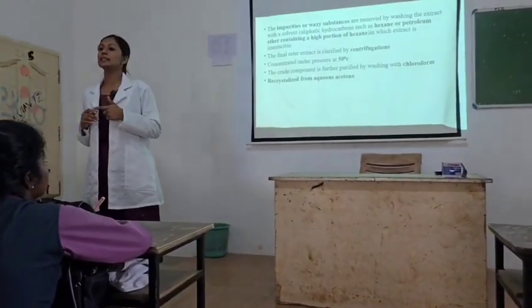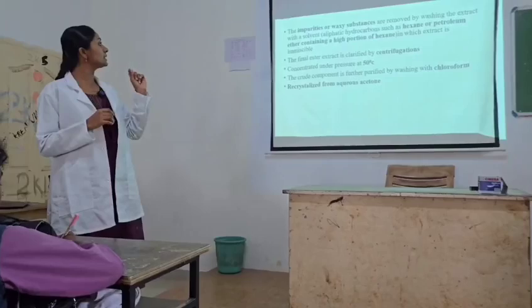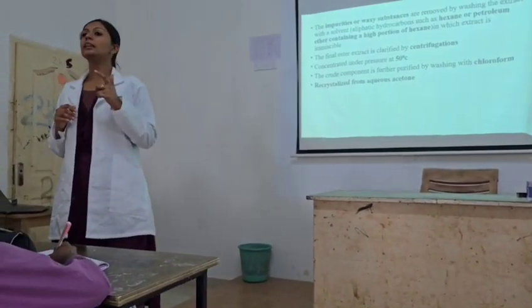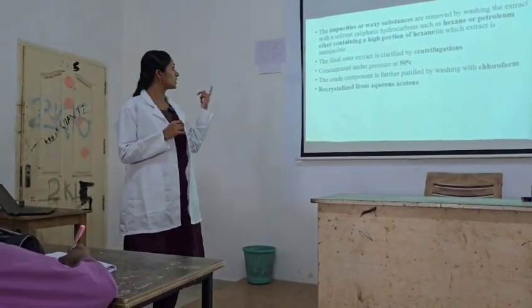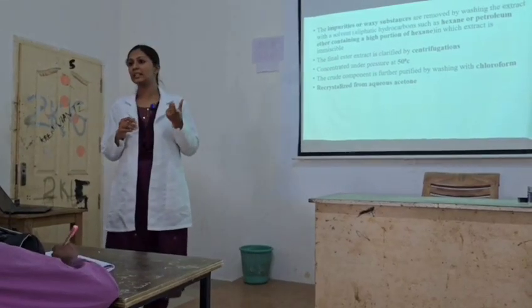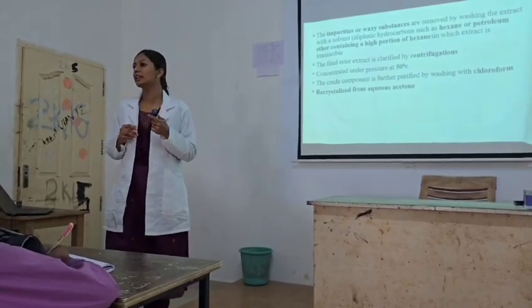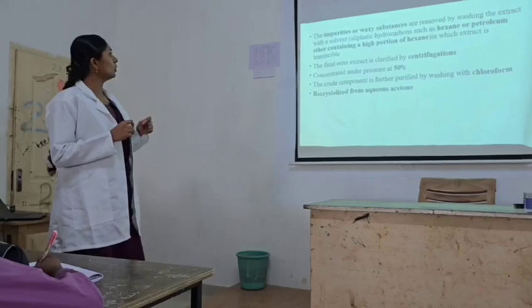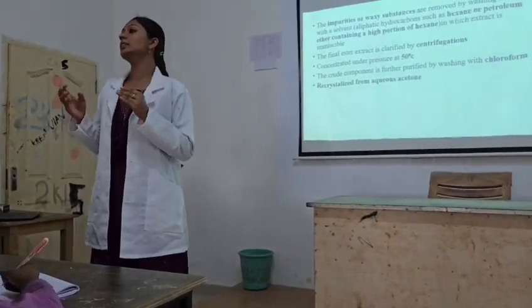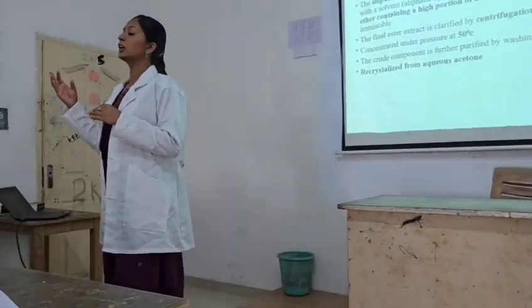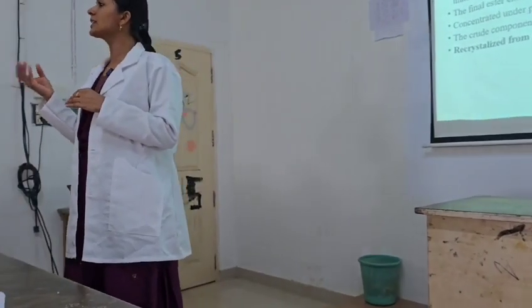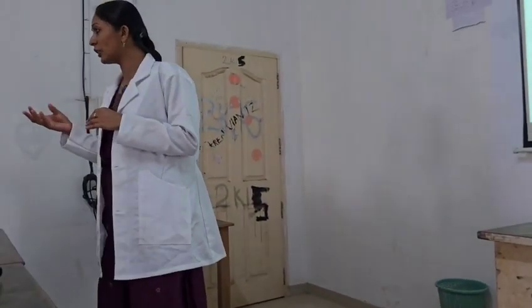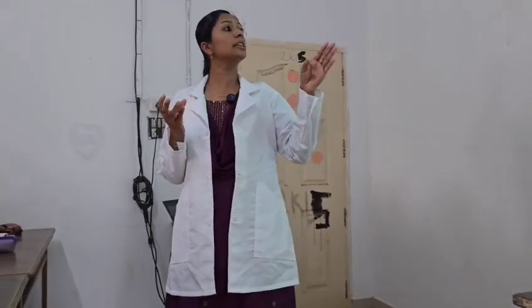Then the final step can be done by centrifugation, and the centrifugate material is concentrated at a temperature of 50 degrees Celsius. Okay, then we get the fermented product, griseofulvin, in precipitated form. So it can be treated or washed with chloroform.